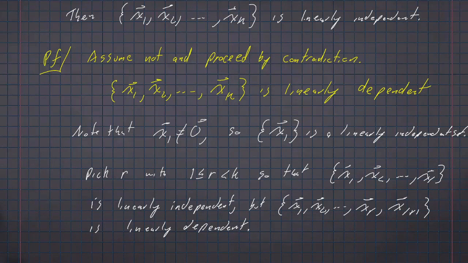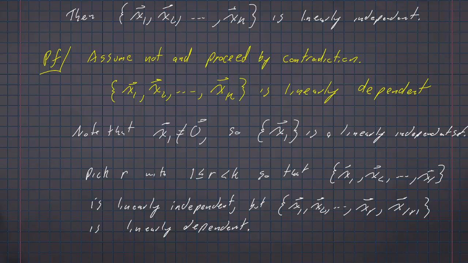So because, again, it's our false assumption, we're assuming that x1 through to xk is linearly dependent. x1 by itself is linearly independent. So there has to be an r somewhere. It could be 1 itself. It could be all the way up to k minus 1, but it won't be k.